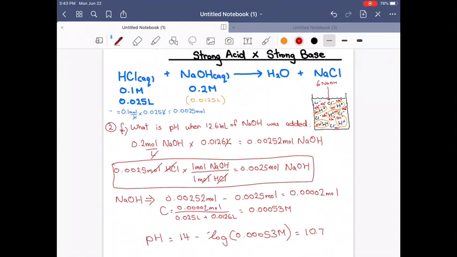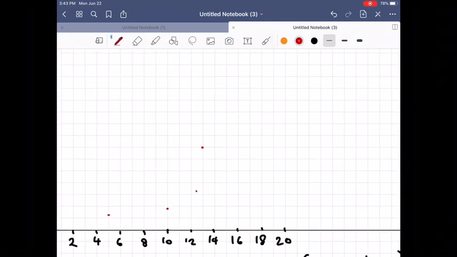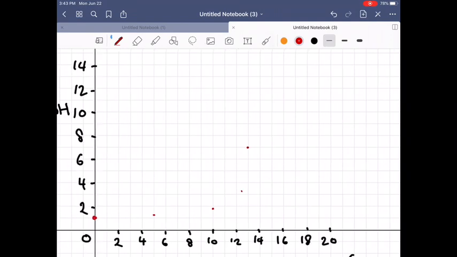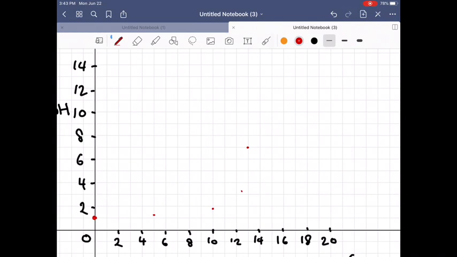And you'll get 10.72. Wow, what a big jump. 10.72 at 12.6. So where do I put my dot? At 12.6, 10.72. So that's right here.